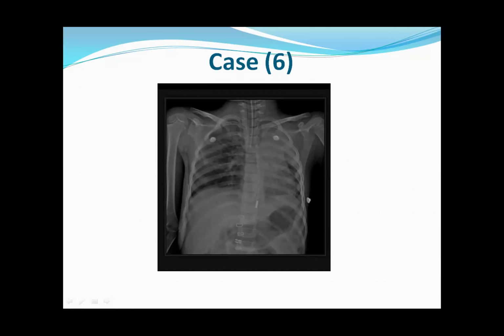So this is possibly due to extension of the endotracheal tube across the carina into the right main bronchus. So retraction of the ET tube would expand the left lung, and the collapse would be reversed. So, yes. Any other abnormality you see?